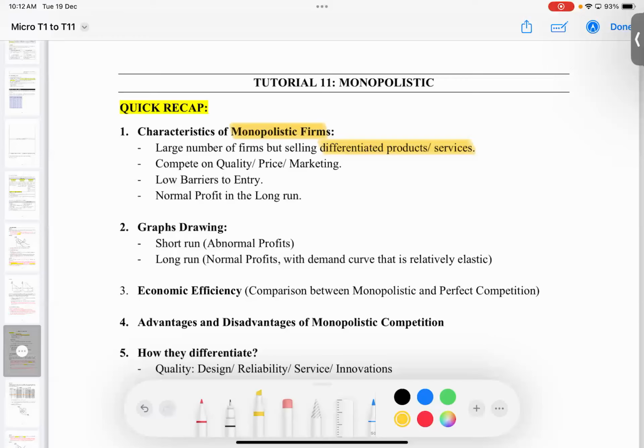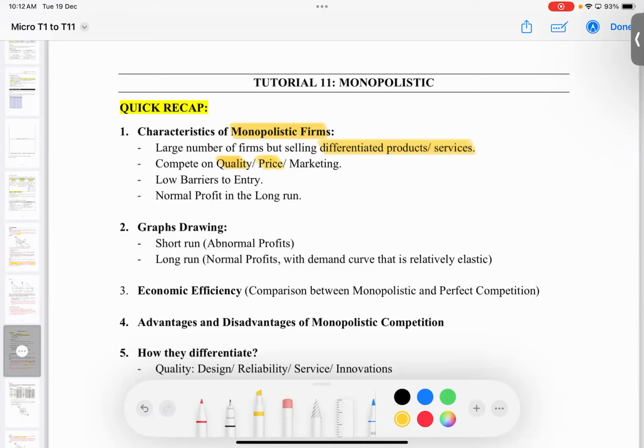So we call them differentiated products or services. Since it is quite competitive, because there are a number of producers in this market, when they compete, they have to compete in terms of quality. They must make sure that their design is good, innovative, and special, so that it can attract the attention of the consumers. Price must be reasonable as well.